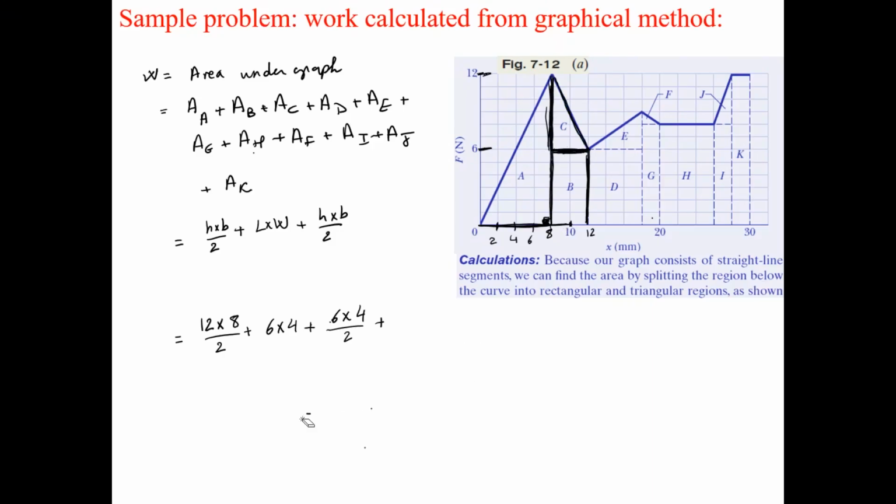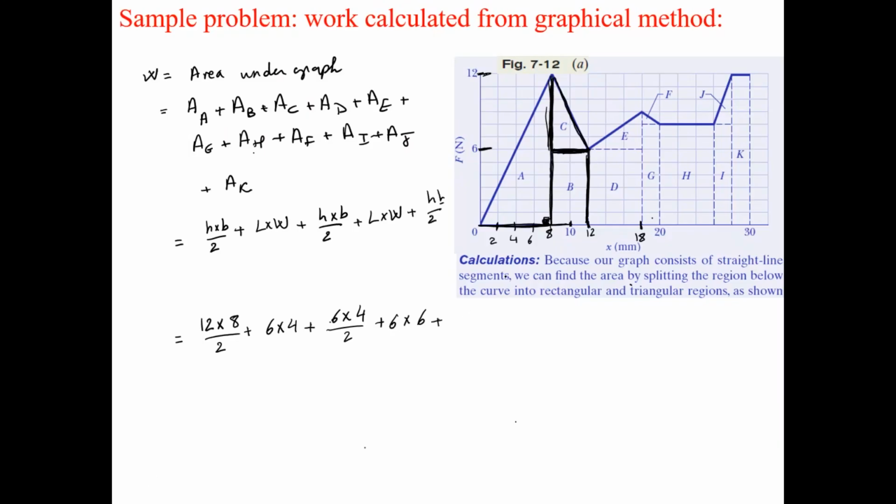I will proceed to section D. Section D, I have the length is 6. D is basically a rectangle. So I'll do length times width. The length is 6. The width is, well, this is 18 and this is 12, so the width is 6 as well. Now, the area for E is that of a triangle as well, so I'll do height times base over 2.